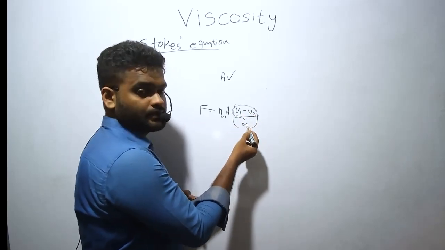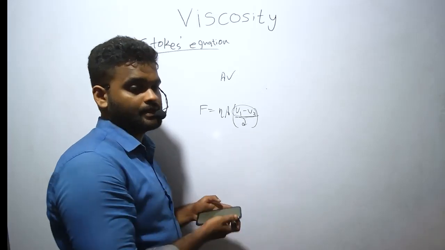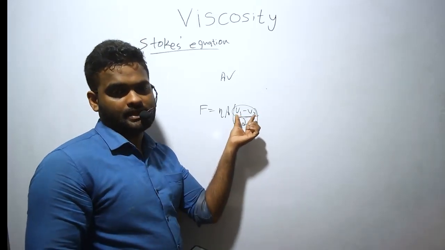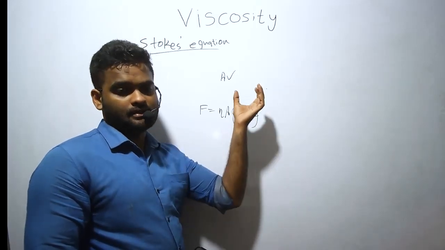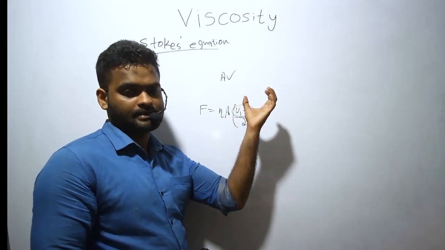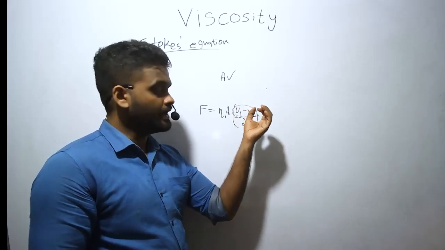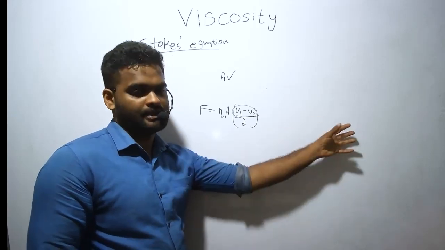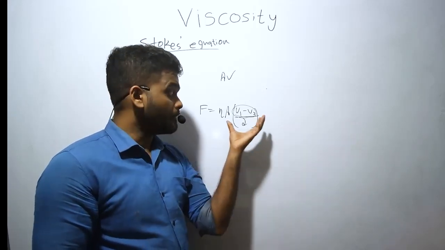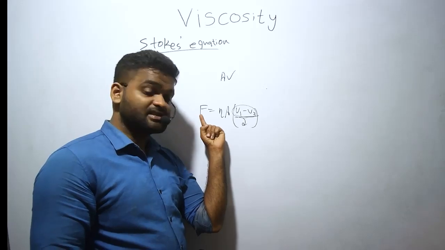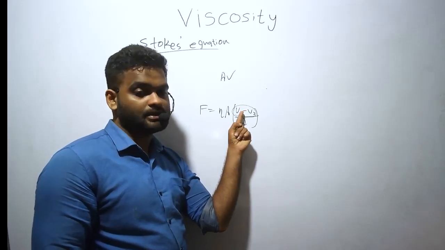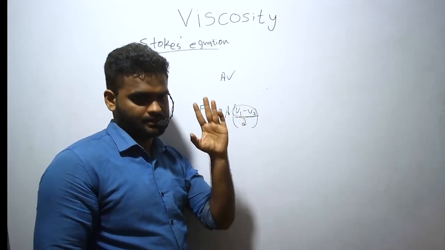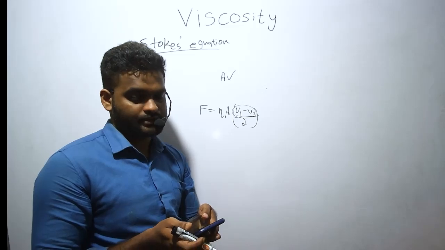It's the difference of velocities of layers, so there's a relative velocity here. But the friction on dry surfaces, on solid surfaces, does not depend on the speed. When speed increases, friction does not increase, but the viscous force changes with velocity. Understood? So the answer should be the third one, okay?